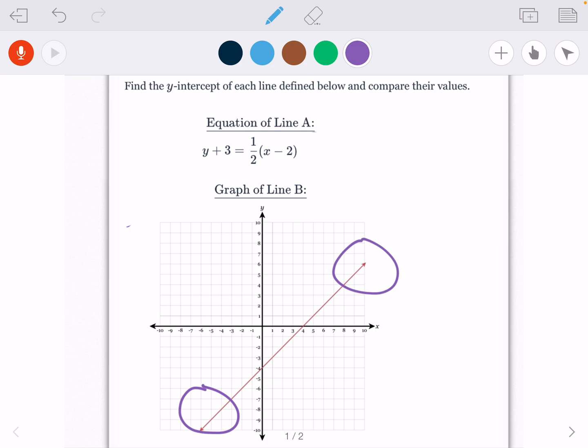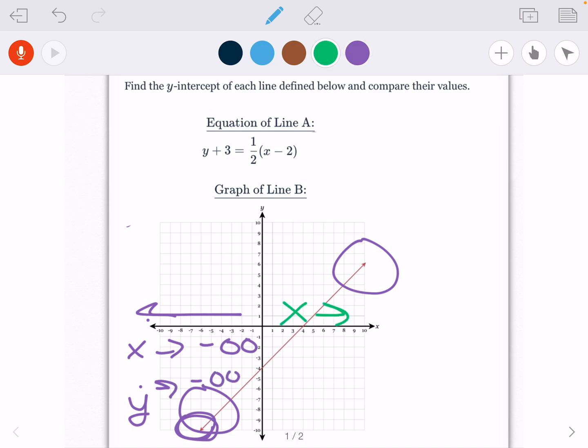So end behavior here: as x is going to -infinity, or x is getting smaller, your y values are heading down, so they're going to -infinity. As x's are getting larger, heading towards infinity, your y values in this case are heading to positive infinity as well.